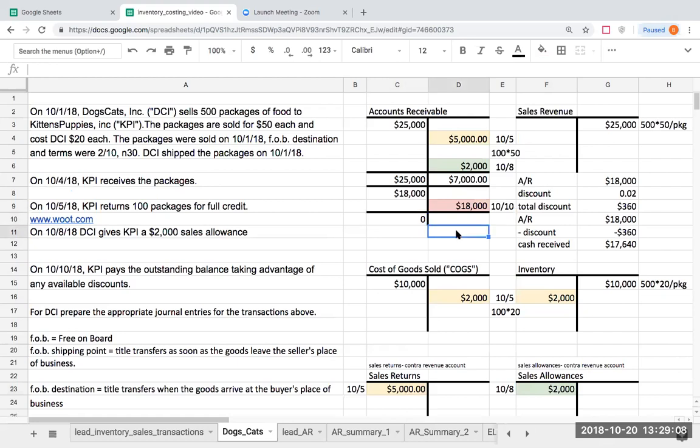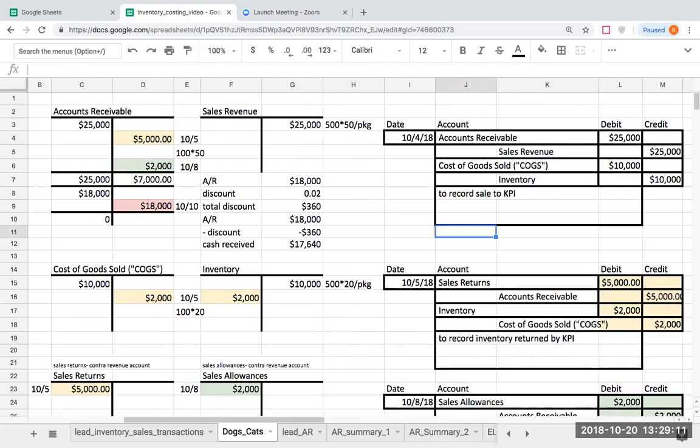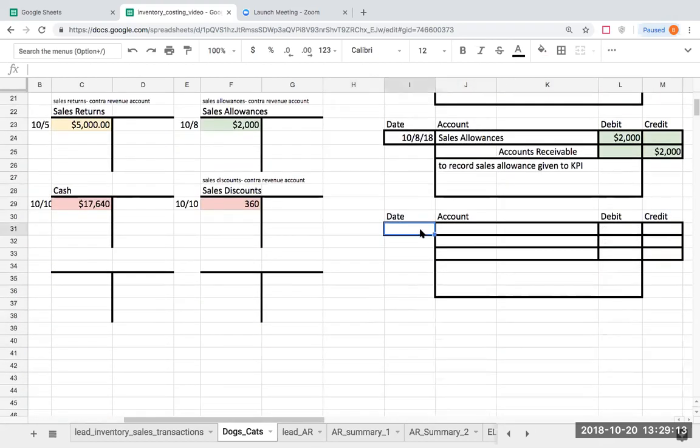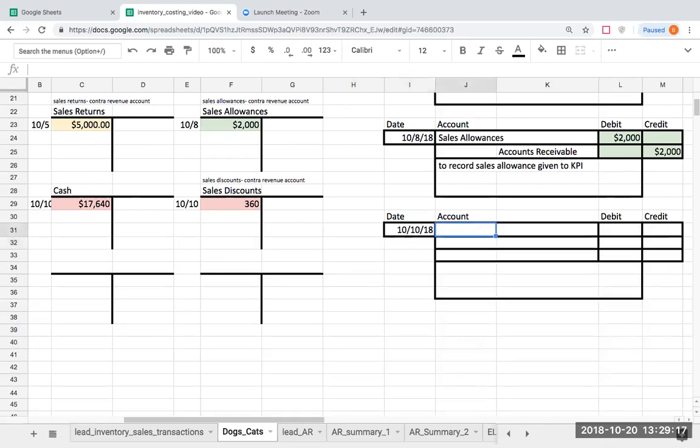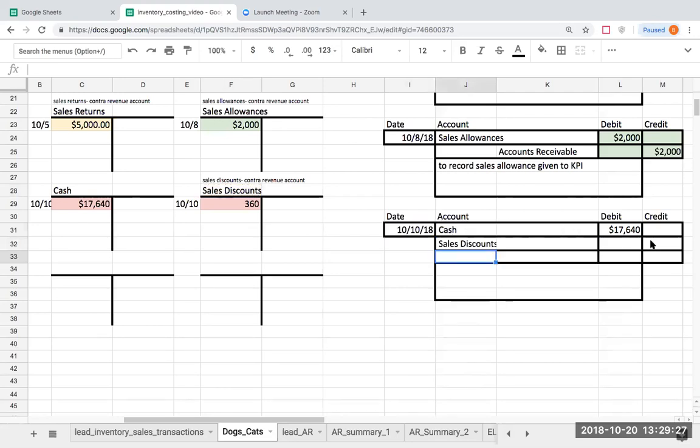So let's go over here and do the journal entry. So it's 10/10/18. Here I received cash for $17,640. I had a debit to sales discounts of $360. Uh-oh, my students again would be yelling at me.